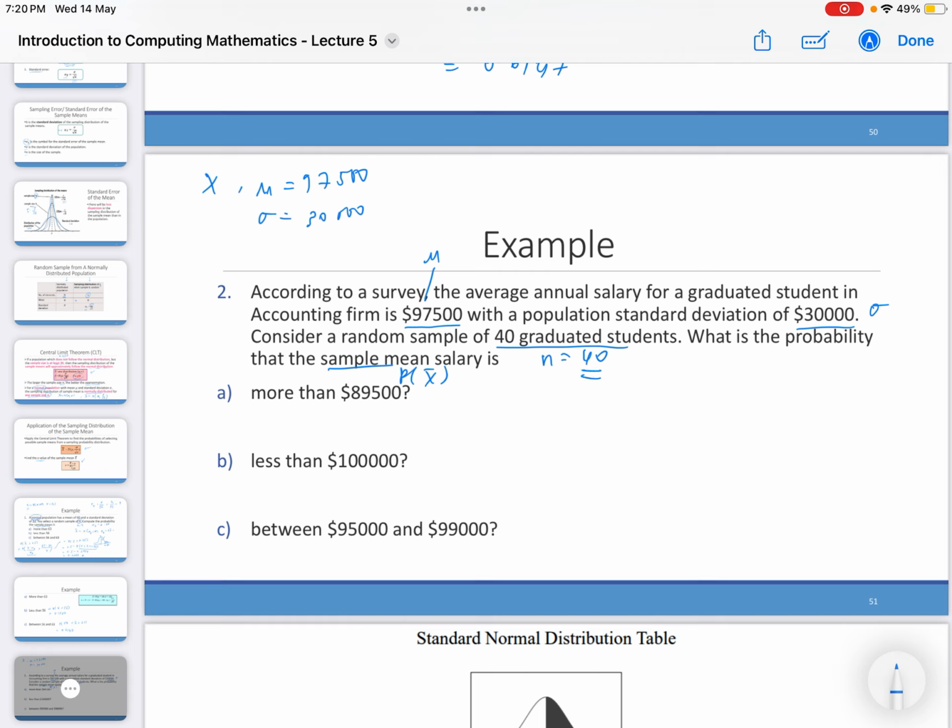This is when we use the central limit theorem. Since n is greater than or equal to 30, the sample mean x bar is normally distributed with mean equal to the population mean, and standard deviation equal to sigma divided by square root n.